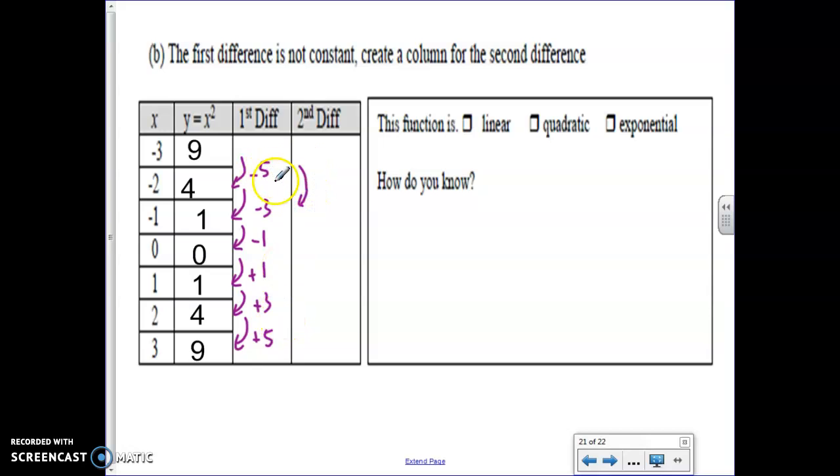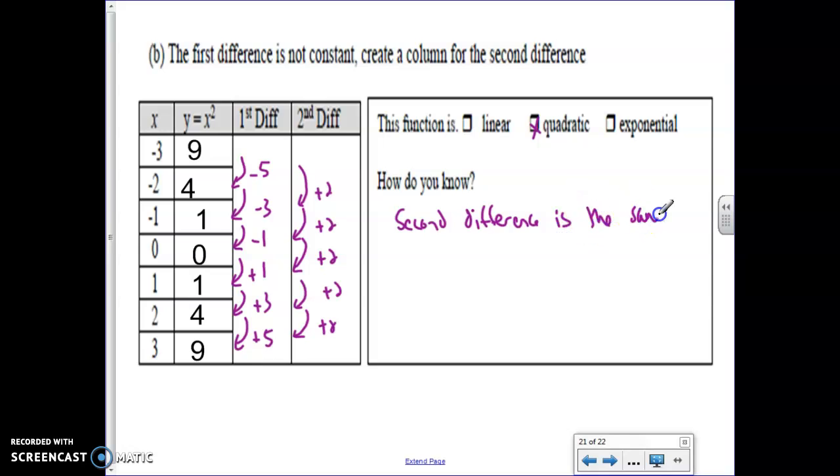What do I have to do from negative 5 to negative 3? Well, I could just add 2, and that works out. Add 2, add 2, add 2, add 2. So we have to just find out what these differences of the y's are, then do it again. You'll see that these are all the same. So the reason why this is a quadratic is because the second difference is the same. You'll always notice that for quadratics, their second difference is the same.